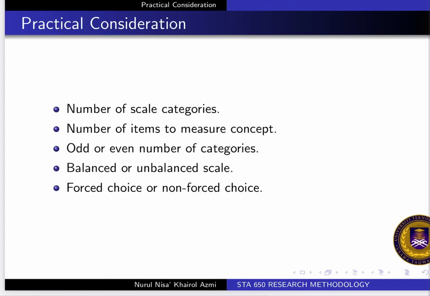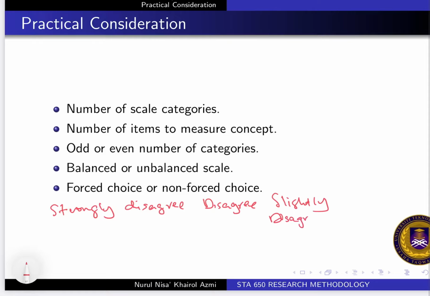For example, here you have strongly disagree, then disagree, then slightly disagree, and then you have agree, and then strongly agree. So you have 1, 2, 3, 4, 5 categories. But they are imbalanced, because there are 3 levels of disagree and only 2 levels of agree. So this is considered an unbalanced scale.